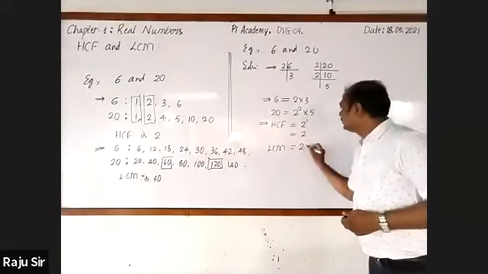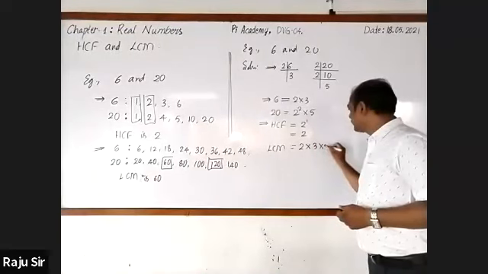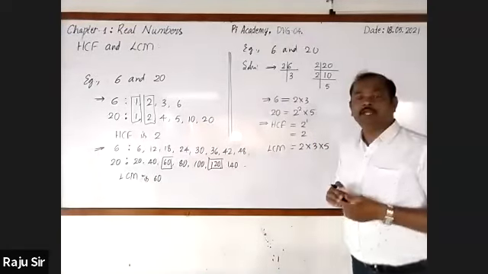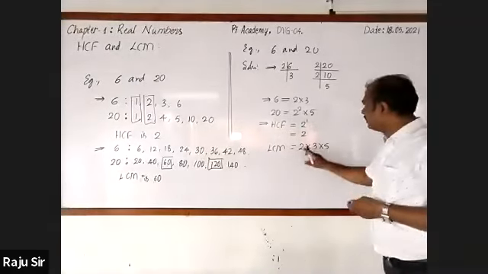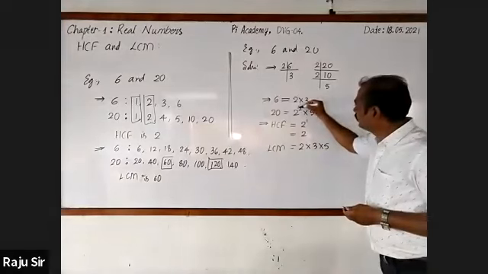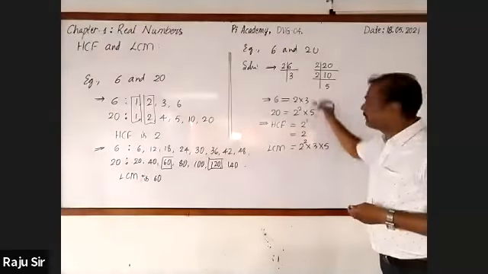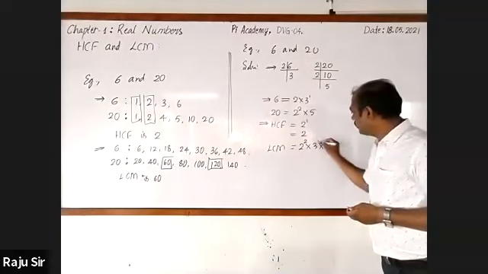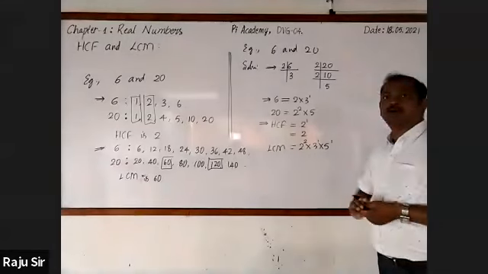The factors are 2, 3, and 5 is also there. And we will take the highest power of each of these factors. What is the highest power of 2? It is 2 only. Highest power of 3, it is 1. Highest power of 5, this is 1.